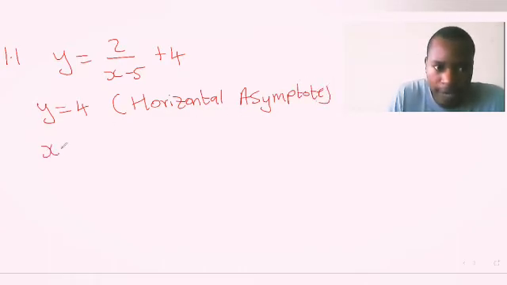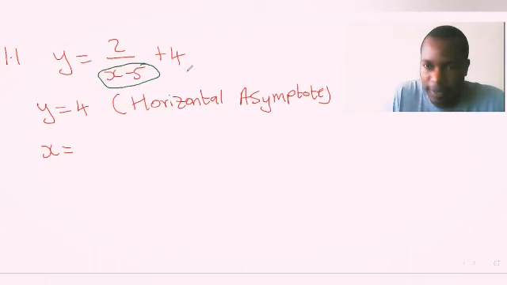The vertical asymptote is the number that would make the denominator equal 0. If x equals 5 in this portion here, then you will be dividing by 0. If you want to find the vertical asymptote quicker, you only need to equate the denominator to 0 and then solve for x.